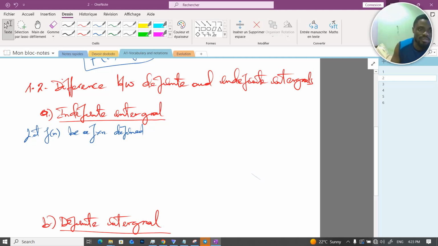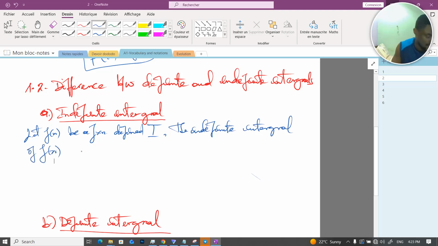So let, for example, f of x be a function defined on an interval I. The indefinite integral of f of x, denoted by the integral of f of x dx.